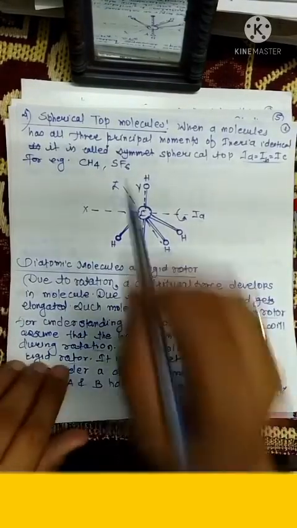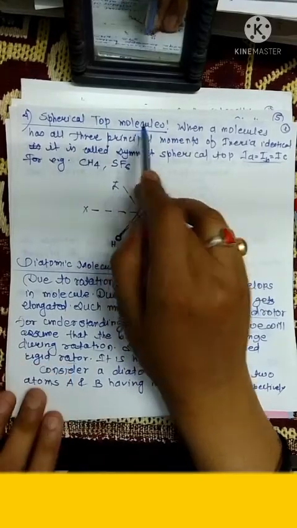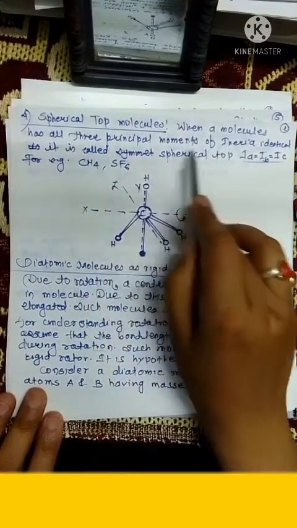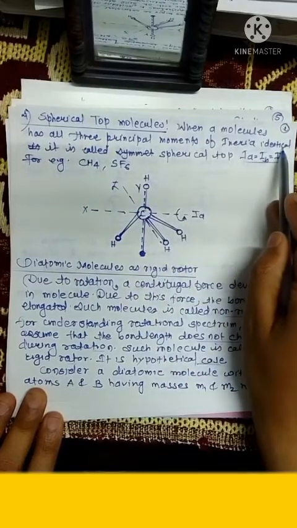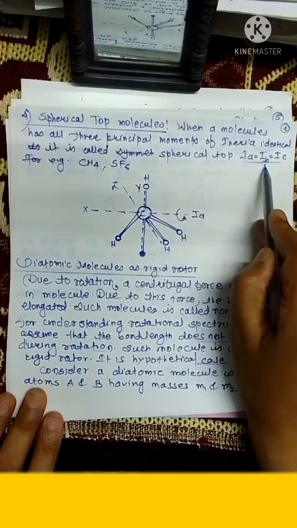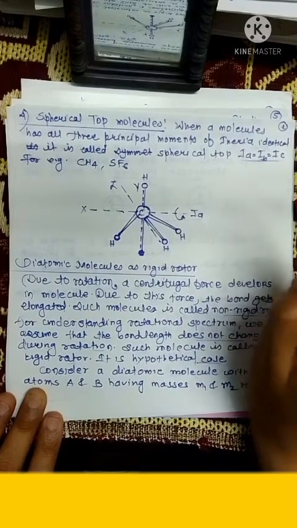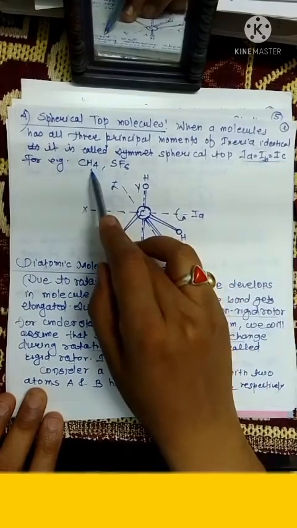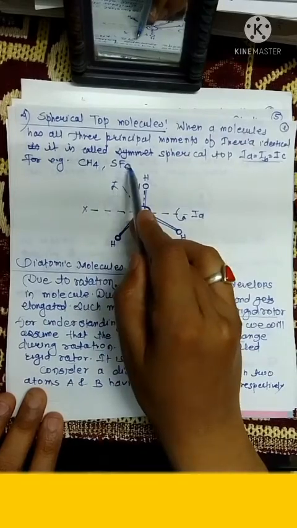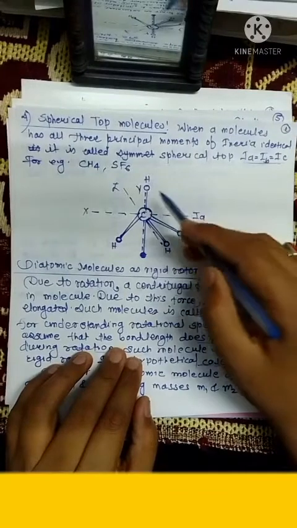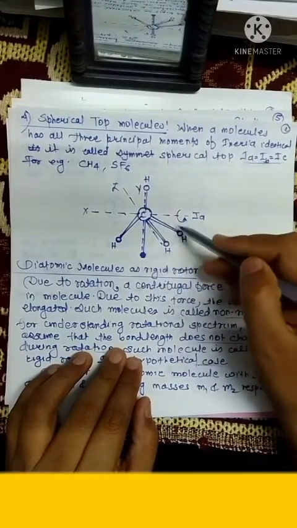Next type is spherical top molecule. When a molecule has all three principal moments of inertia identical, that is Ia is equal to Ib is equal to Ic. Examples are methane, SF6. So just see, this is the example.